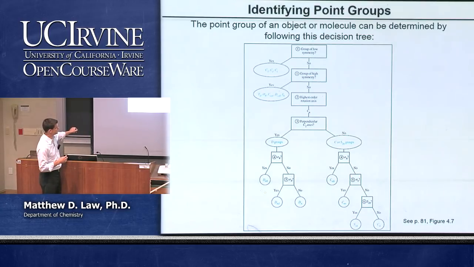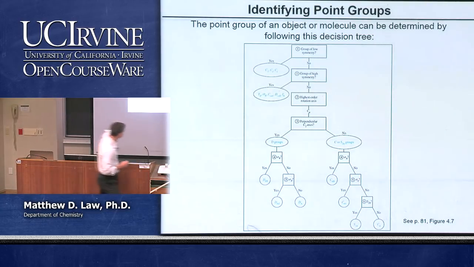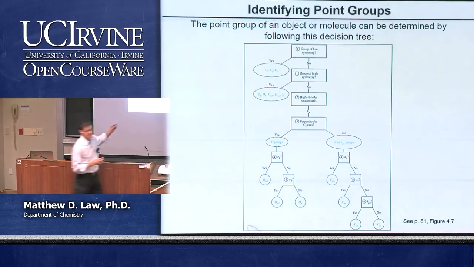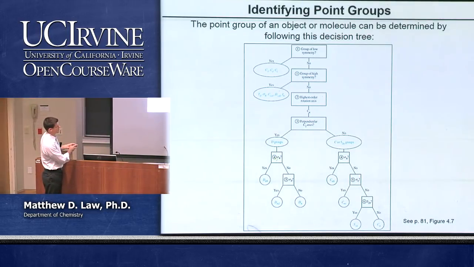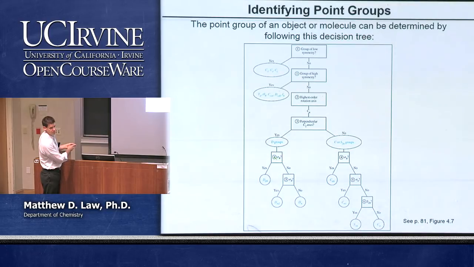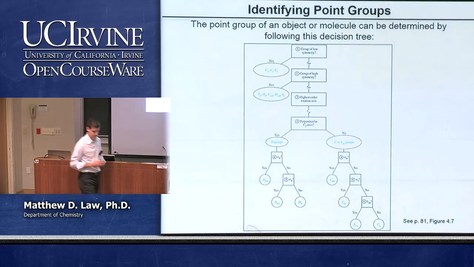Then the question is: is it Dnh, Dnd, or Dn? Those are the 3 different types, right? So the decision comes down to: is there a perpendicular, horizontal mirror plane? If yes, it's Dnh. If not, go down here. Are there mirror planes parallel to the principal axis? If yes, it's Dnd. If not, it's just Dn with no mirror planes at all.